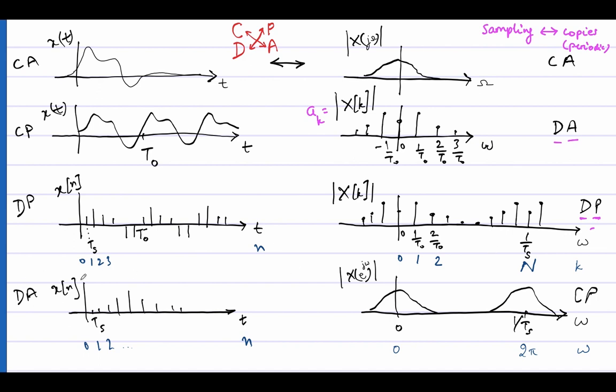Then let's look at another case, where we don't have copies here. If I sample this signal, I get copies of this. This is the aperiodic signal, which is discrete. So discrete becomes periodic and aperiodic becomes continuous. That is why this is continuous and periodic, X(e^{j omega}).